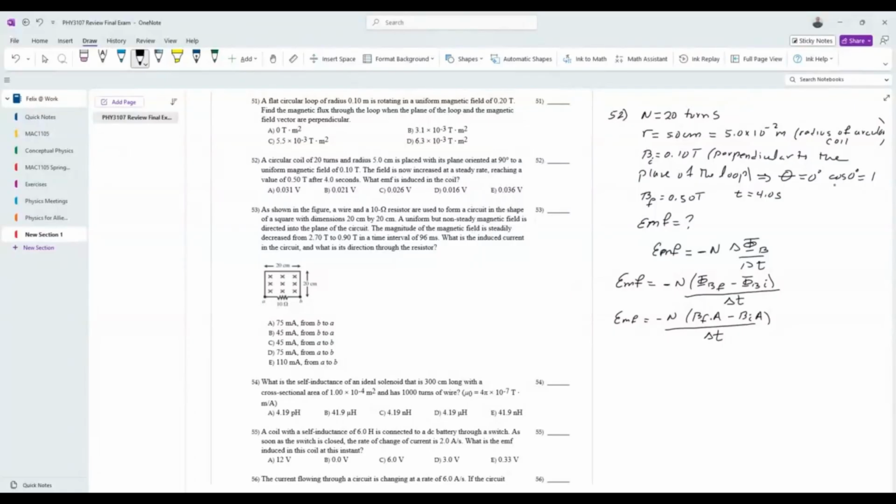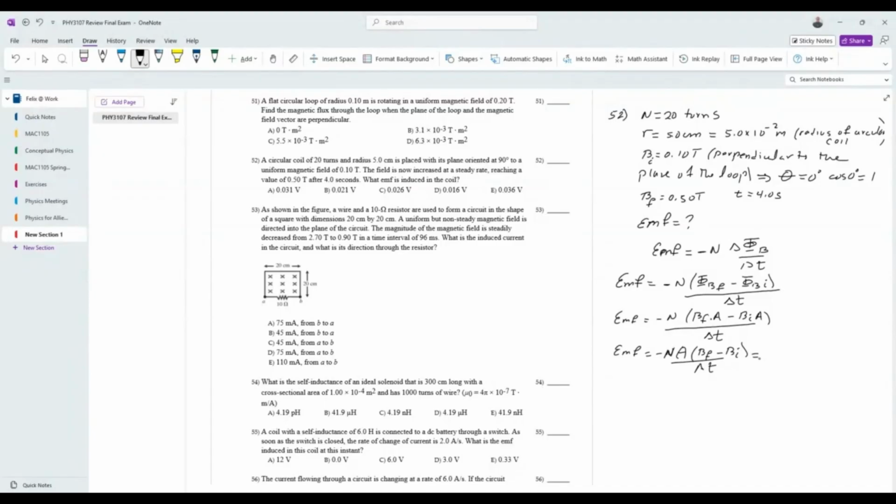So we have the maximum magnetic flux value, that is BA. So that's why I don't write BA cosine of theta, because cosine of theta is 1. Now the area is the same, so we can say that the electromotive force is equal to minus N times the area, which is not changing, times B final minus B initial over delta t.